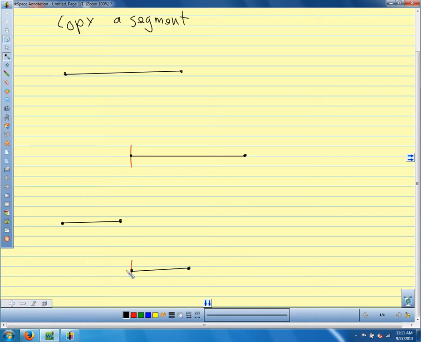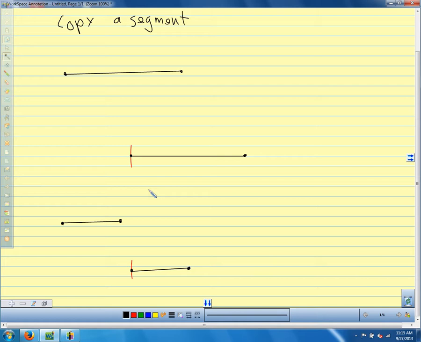I would put one here and another one right next to it, back to back. So that's to make a segment twice the length. I just make two, one right next to each other. So copy a segment. That's the easiest construction that we're going to do. And we use this construction for lots of different things. So that one's pretty easy.